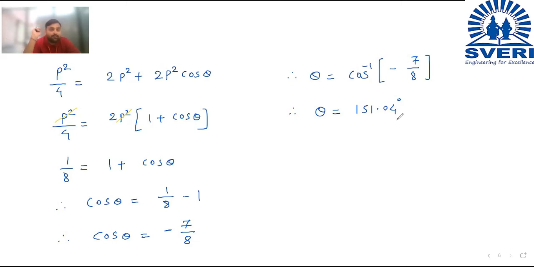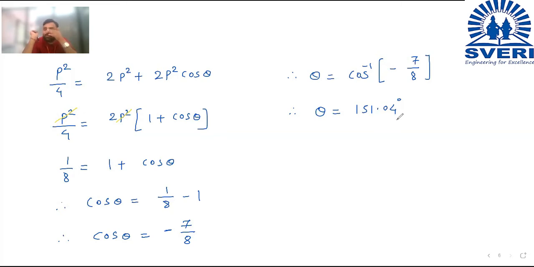So you have got the same value of theta, 151.04. This is the same problem, but here they have not given you the values. They have told us in terms of P and Q, and you have to solve this, and still you will get the same answer.